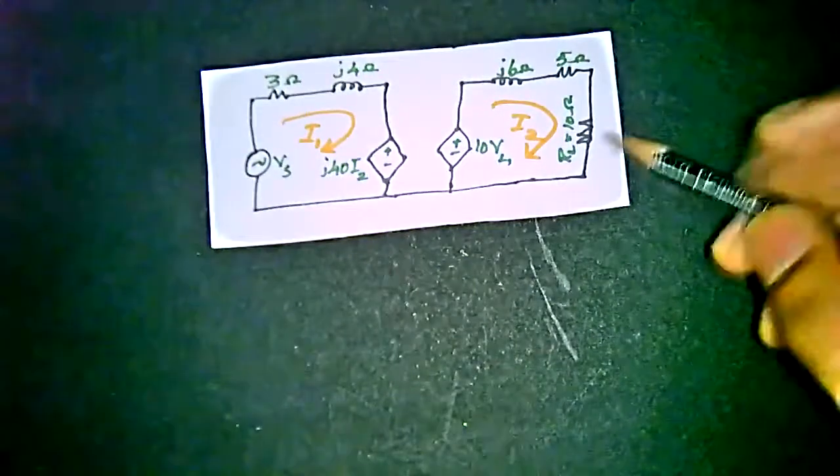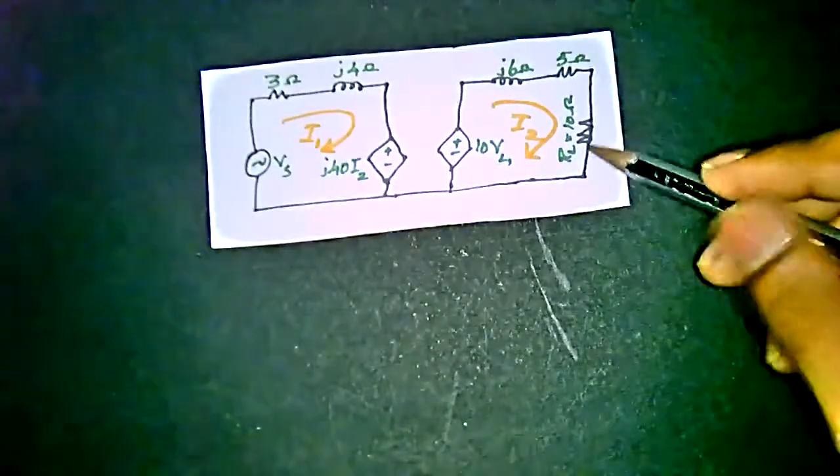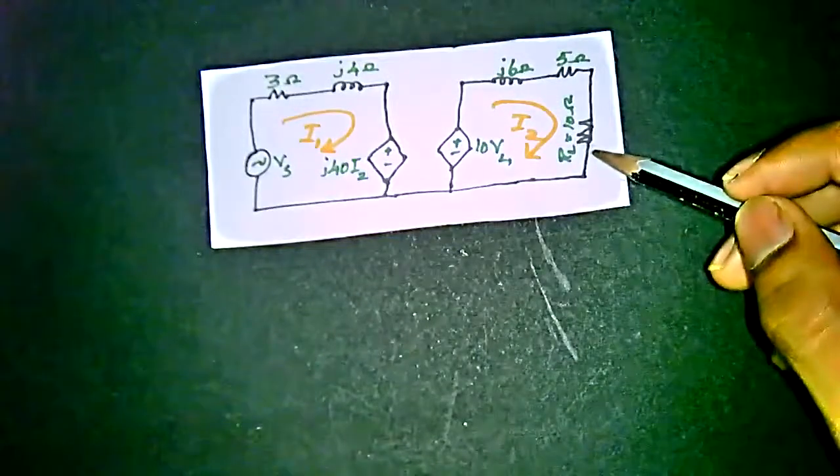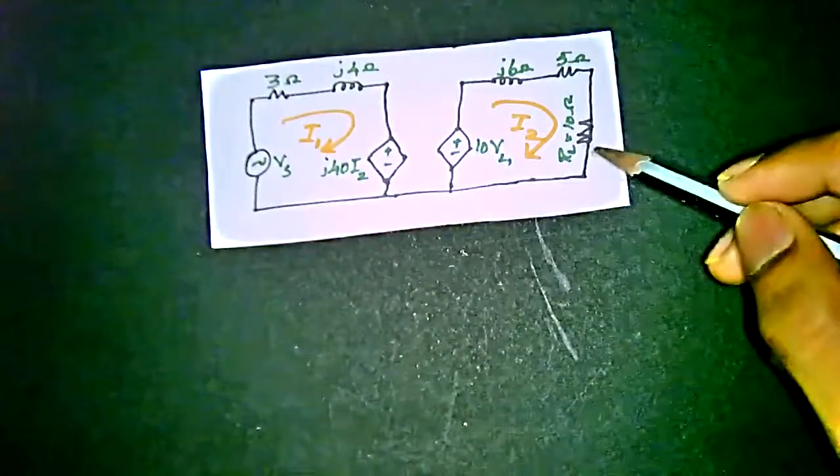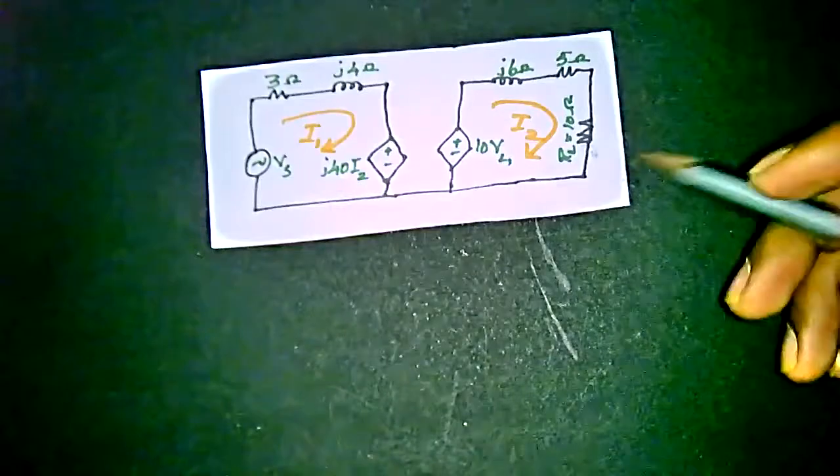Across the load resistance we find the Thevenin equivalent voltage seen by the load resistance, so this load resistance should be removed.